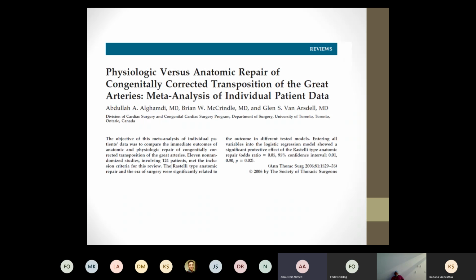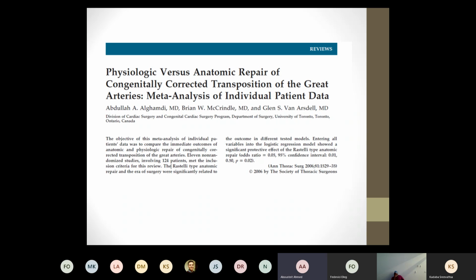I have looked and found, on the next page, one meta-analysis that looked into the different types of anatomic repair. They compared the anatomical repair types used for ccTGA: either a Rastelli and atrial switch, or an atrial switch combined with an arterial switch.